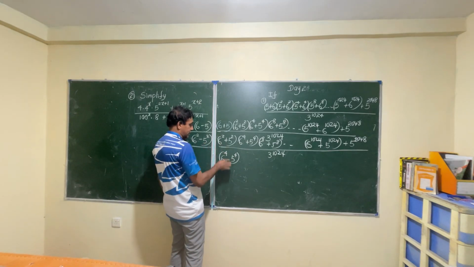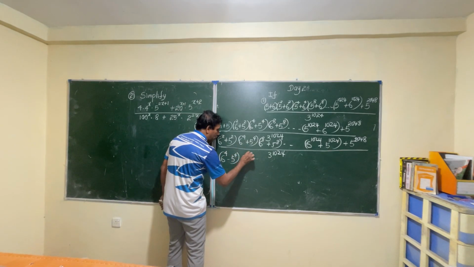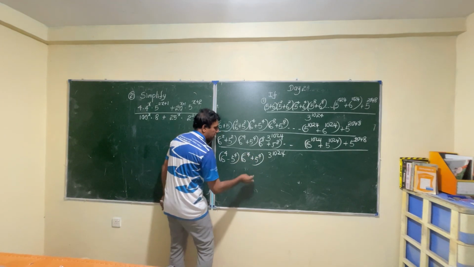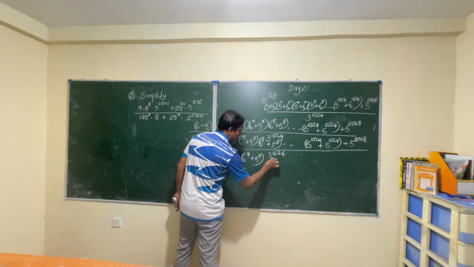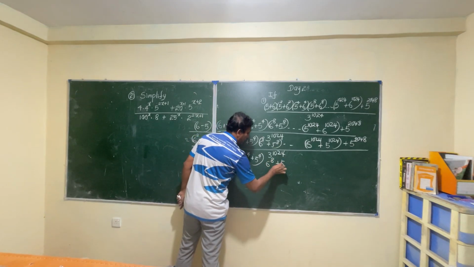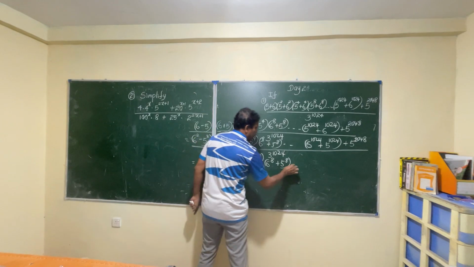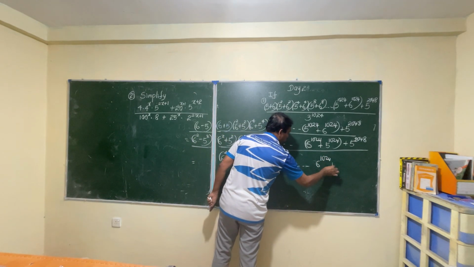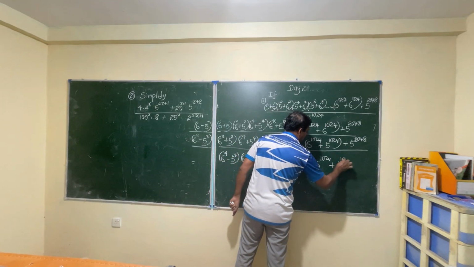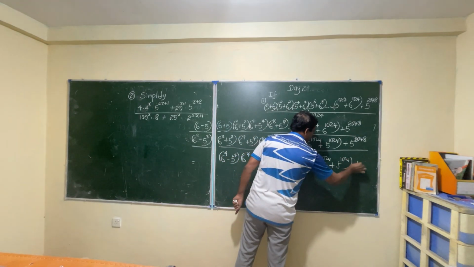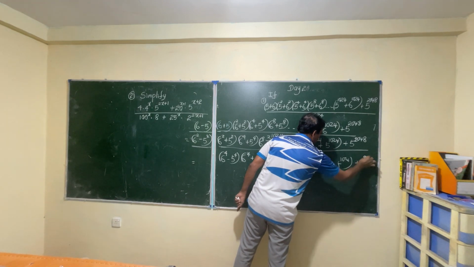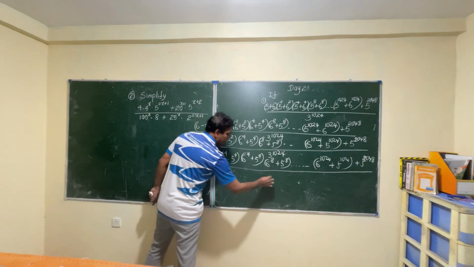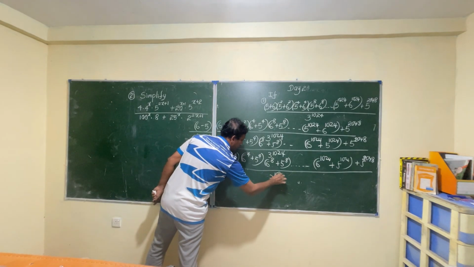So this together with this. Okay, and that is 6 to the power 8 plus 5 to the power 8. Okay, and so on. Finally 6 to the power 1024 plus 5 to the power 1024, plus 5 to the power 2048, right? Over, don't forget there's an over below, 3 to the power 1024.